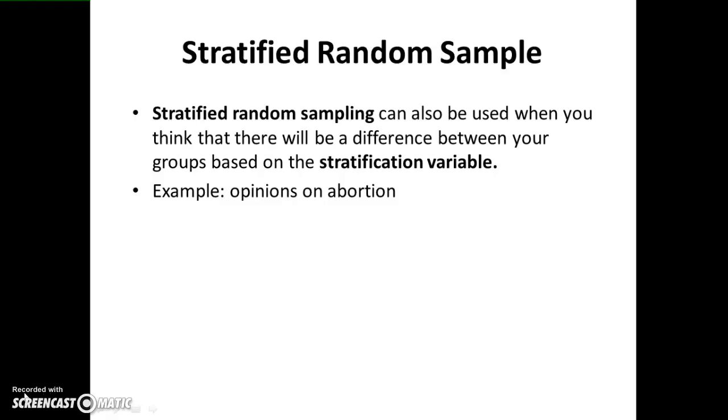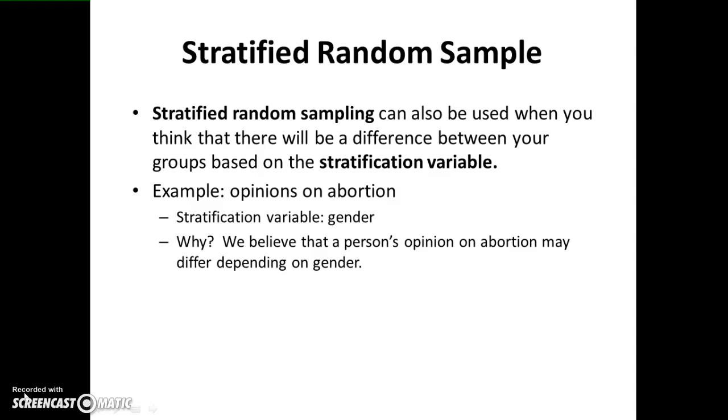But the most obvious factor that sticks out to me is your gender. So the variable that I'm going to stratify by, my stratification variable, is going to be gender, meaning I'm going to take my population and break it out into men and women, and then take an SRS of men and an SRS of women to put into my sample to take the survey.